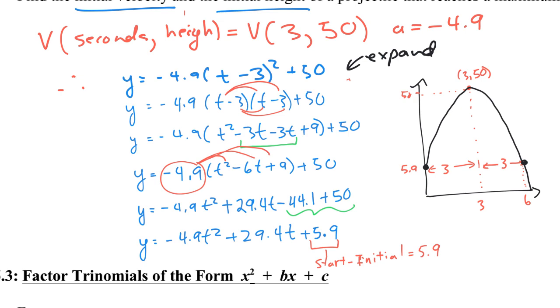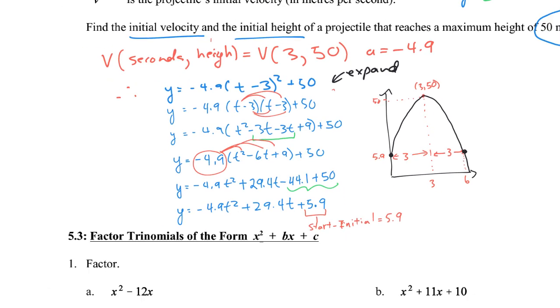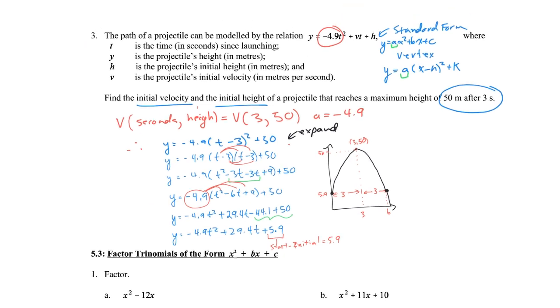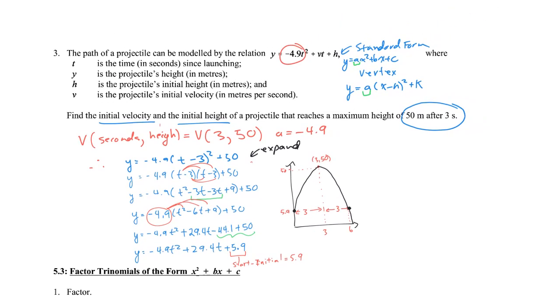So now the start height or the initial height was basically 5.9. And based on our initial problem that we started with, remember what they said, v times t had something to do with the velocity.